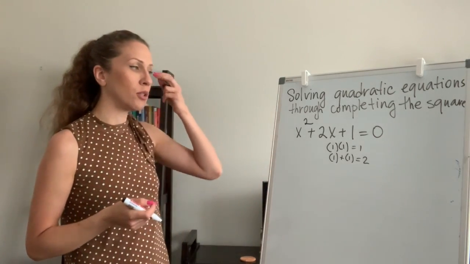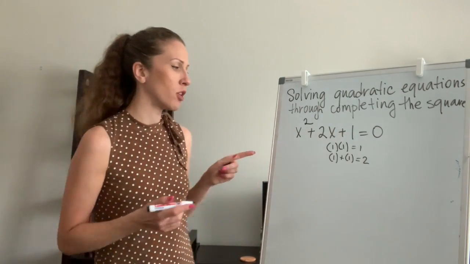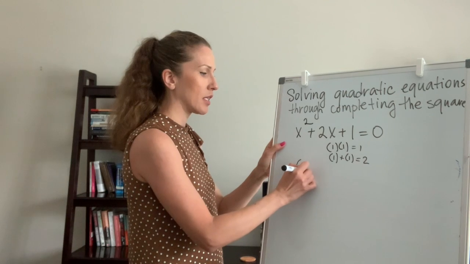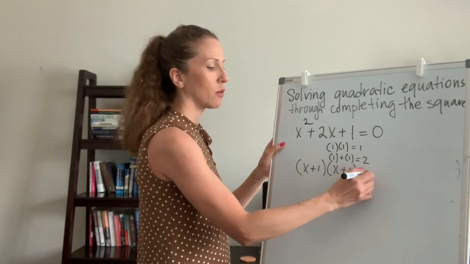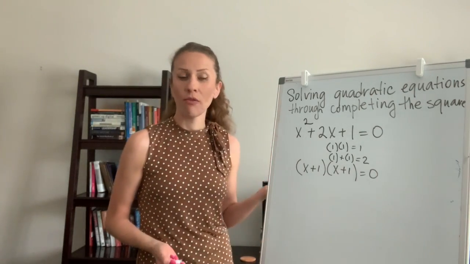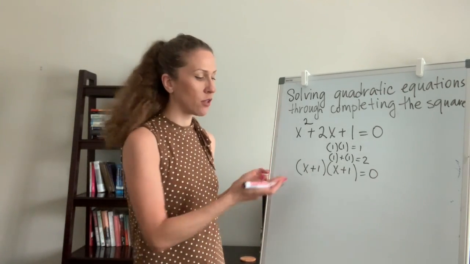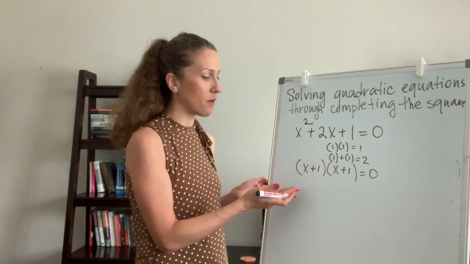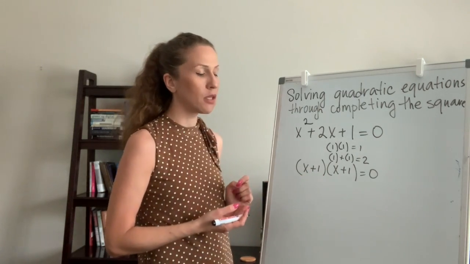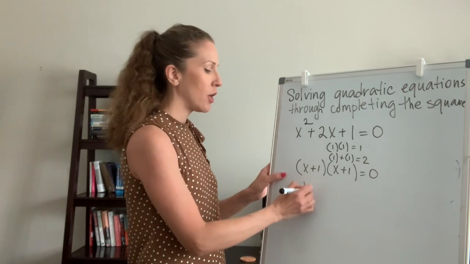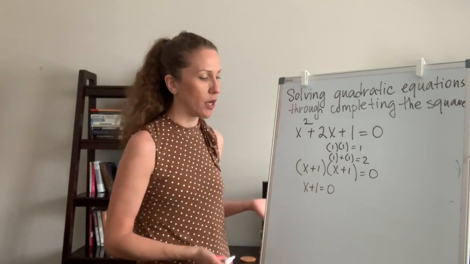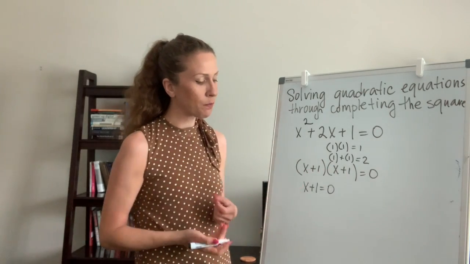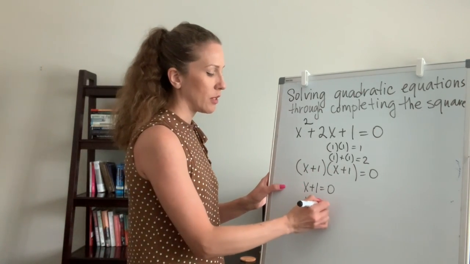So knowing that, you can write this trinomial on the left side as x plus 1 times x plus 1 equals 0. To solve this, you simply take each of the factors, which happen to be identical here, x plus 1 and another x plus 1, and make each equal to 0. So x plus 1 equals 0, and you don't have to write it twice. But if this was different, then you would. And that means x equals -1.